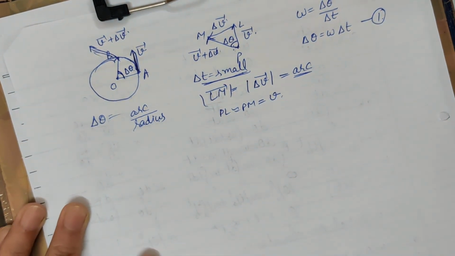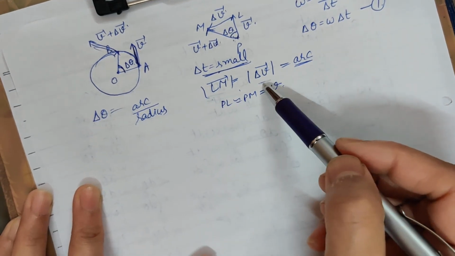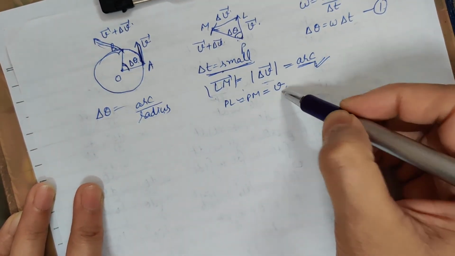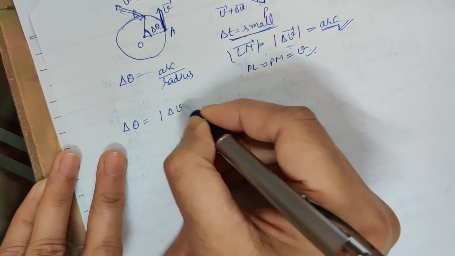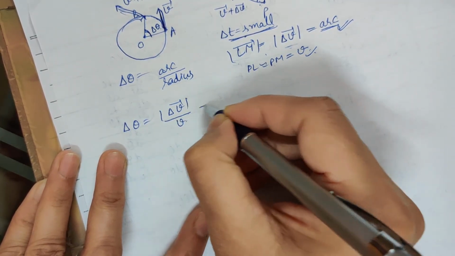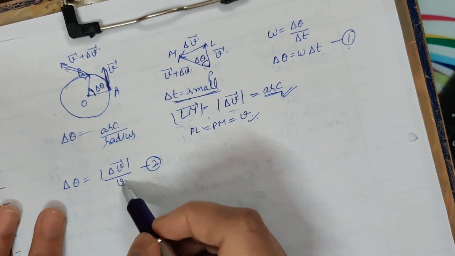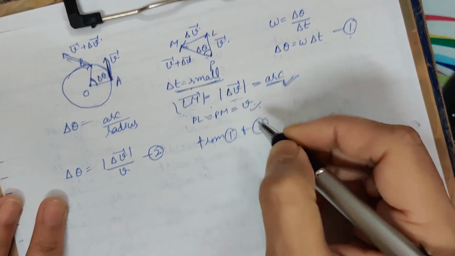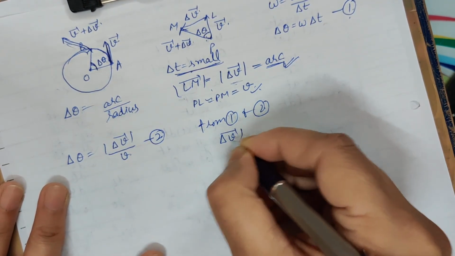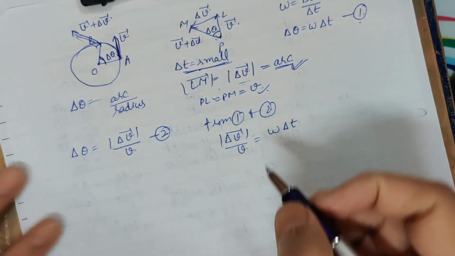So for the small time delta t, LM, that is delta v, is considered as an arc of radius v. So delta theta is delta v upon v. This is equation 2. So this is equation 1, this is equation 2. From 1 and 2, delta v upon v is equal to omega delta t.